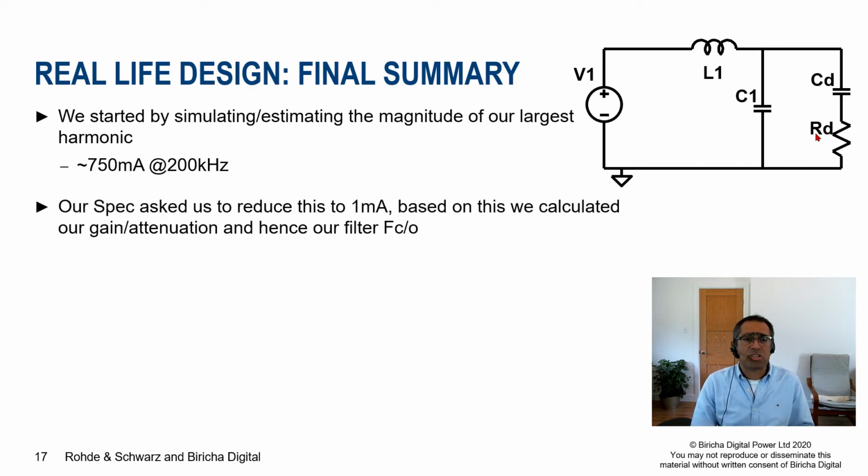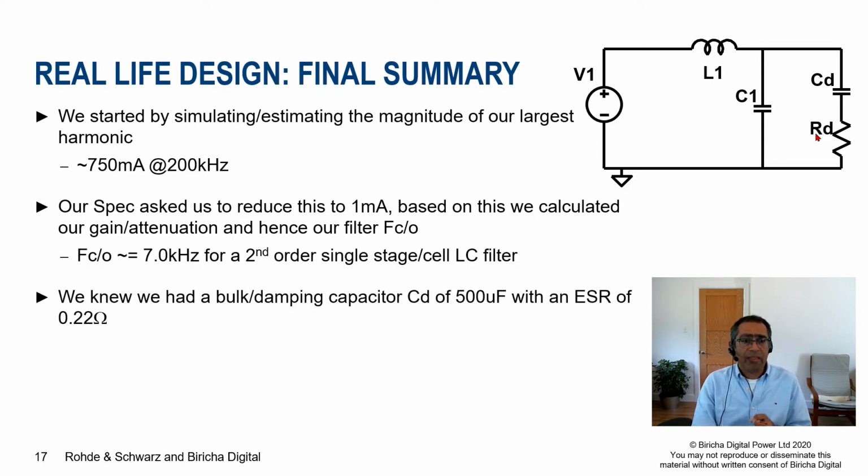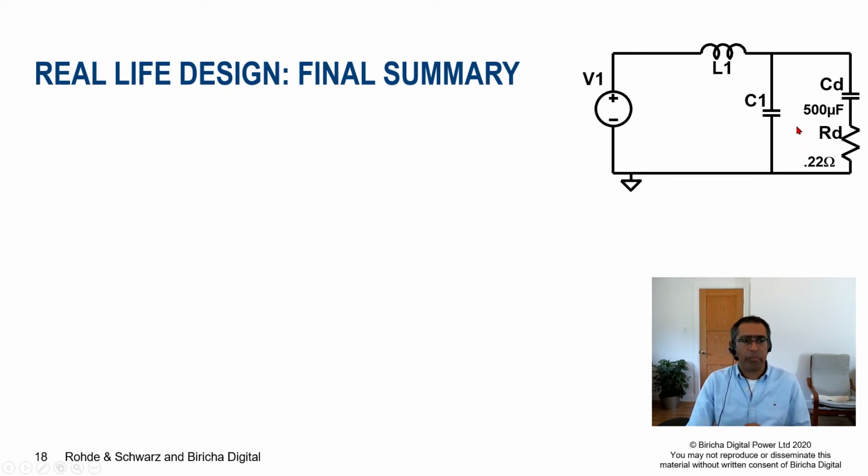Our specification asked us to reduce this to 100 milliamps. Based on this, we calculated the cutoff frequency to be around 7 kilohertz, okay, for a second order filter. Then we knew that we had 500 microfarads on the power supply already, and it had the ESR of 220 milliohms. There we go. I've just put them on.